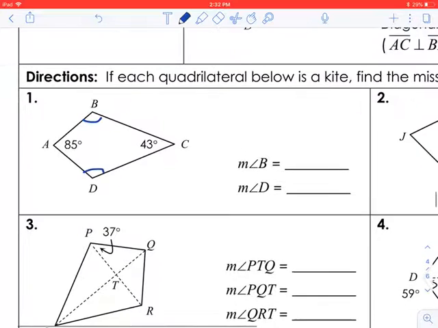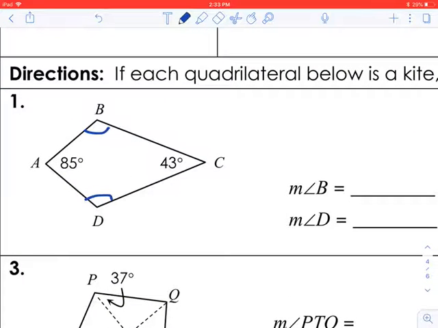Well, I already know they're equal, but the problem is I don't know what they are. But since we know these two, I can go ahead and use that to get our sum. So remember, a triangle adds up to 180, but a four-sided figure, a quadrilateral, adds up to 360. So 85 plus 43 is going to be 128.